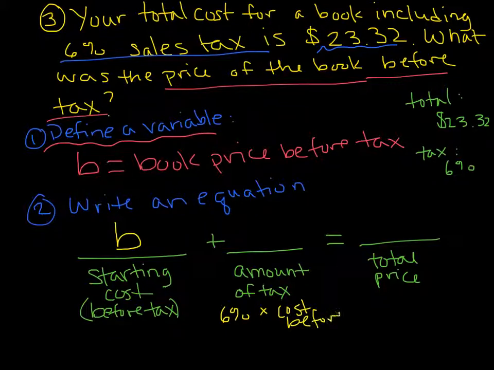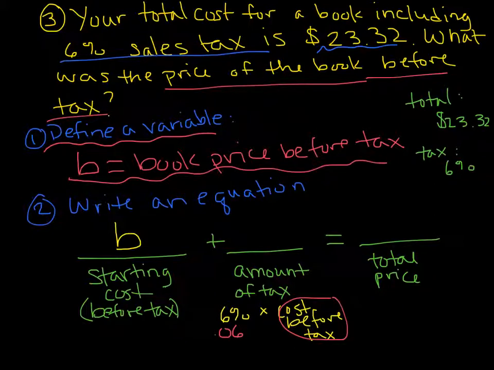Because whenever you pay tax, it always depends on the price of the object. We know that 6% is the same as 0.06. Do not forget that 0 after the decimal point. We also know that in this problem, the cost before tax, notice how that looks very similar to what I have up here, it's actually going to be B. So I'm going to write this as 0.06B.